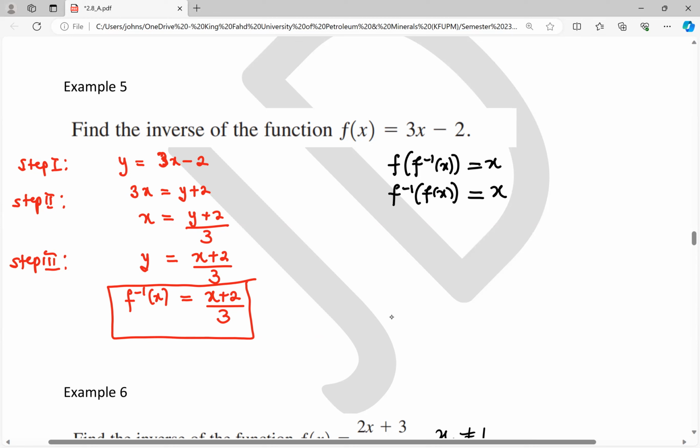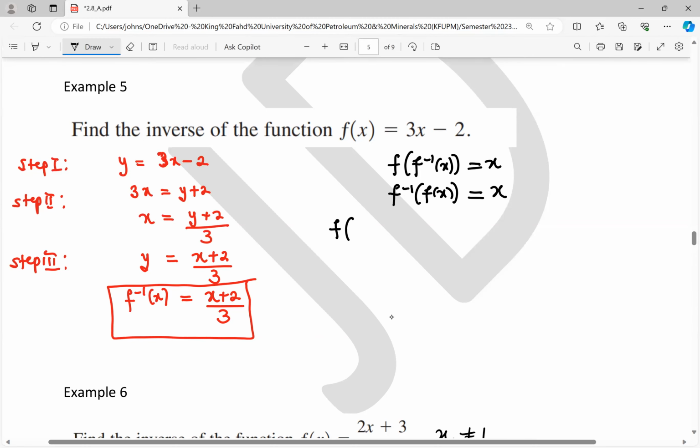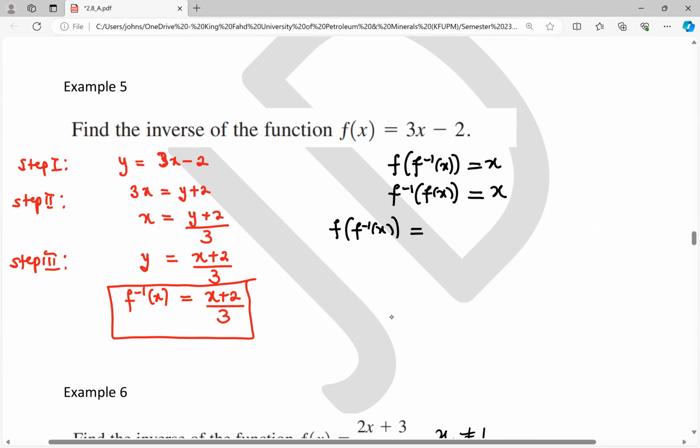So let's check this one. What is f of f inverse of x? This is going to be f of f inverse, so you put it in here, which is x plus 2 over 3. And what is f of this? Look at f. f would multiply its input by 3 and subtract 2.